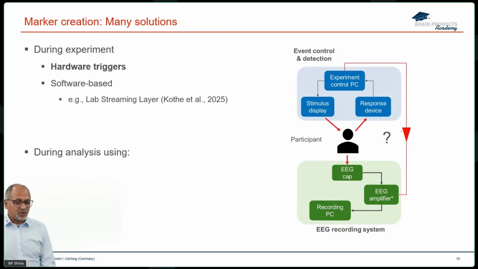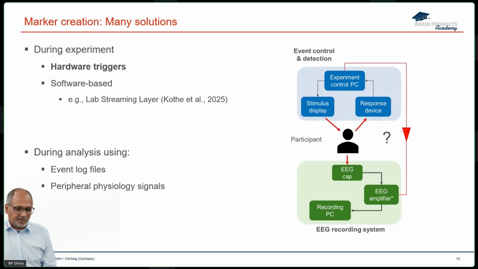And it's also possible to include the event information during analysis. This can be done by using log files of all the events and incorporating them into the EEG data during analysis, or, for example, using peripheral physiology signals during analysis to define events.